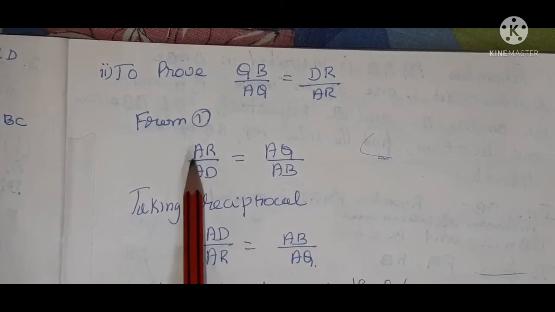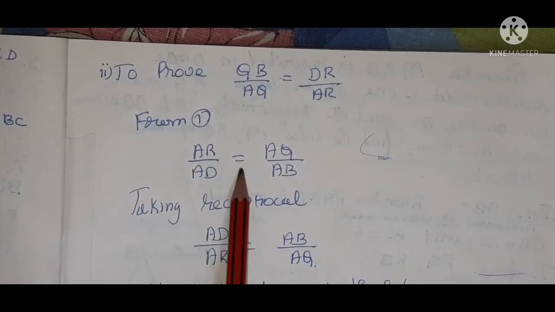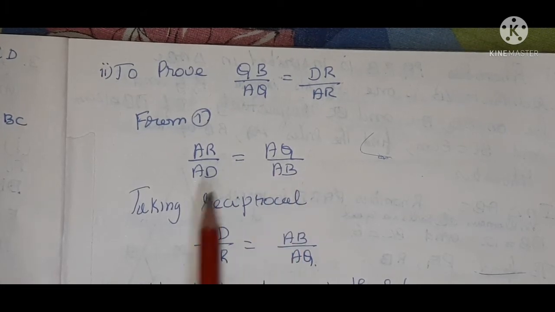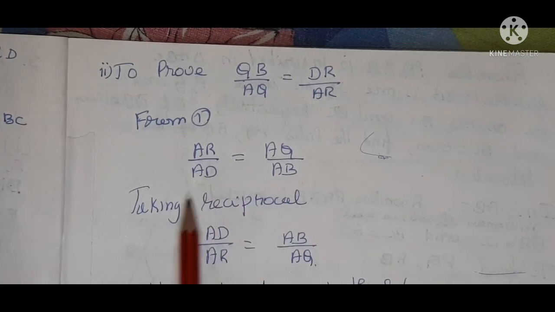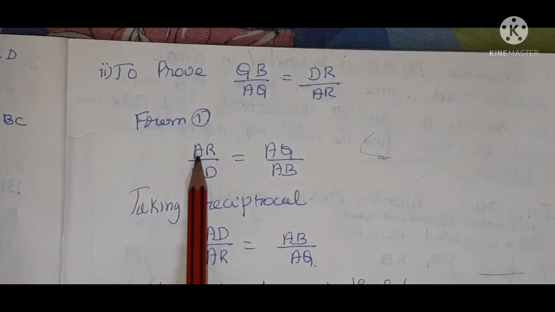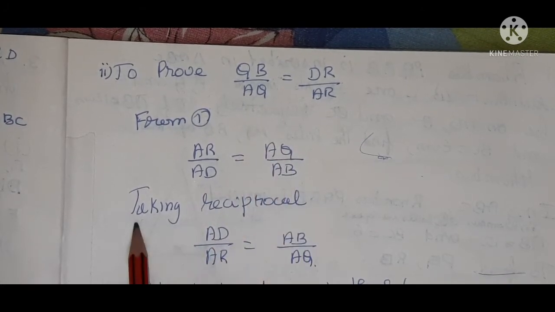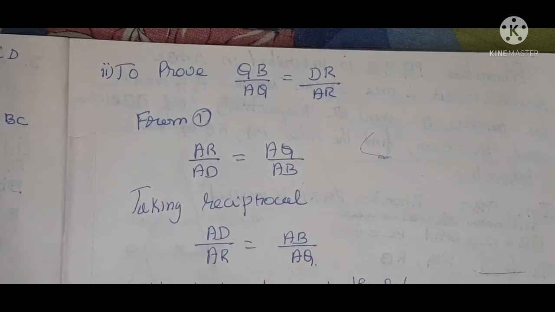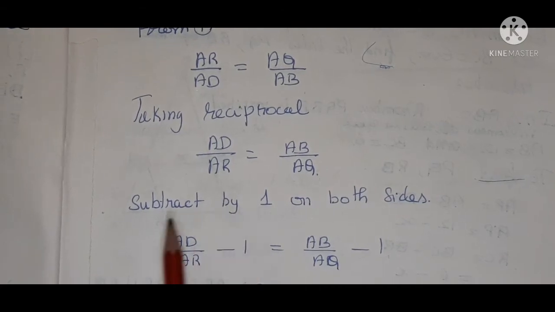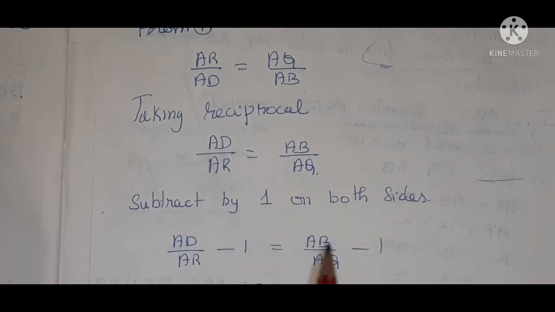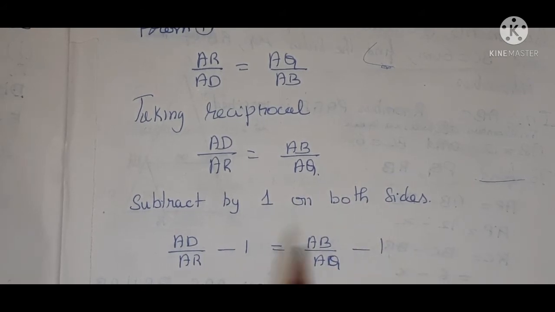Second condition, to prove QB by AQ is equal to DR by AR. From result 1, AR by AD is equal to AQ by AB. Taking reciprocal, AD by AR is equal to AB by AQ. Subtracting 1 on both sides, AD by AR minus 1 is equal to AB by AQ minus 1.